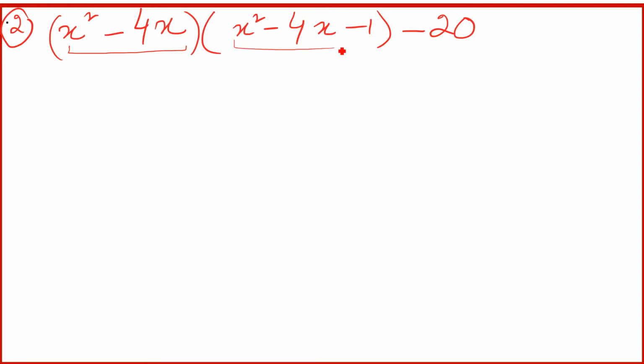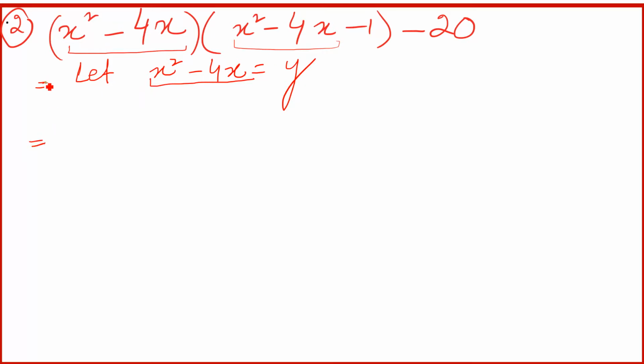In the second we have the same term x square minus 4x. So we will say let x square minus 4x is equal to y. Wherever you see x square minus 4x here, you have to put y instead of x square minus 4x.